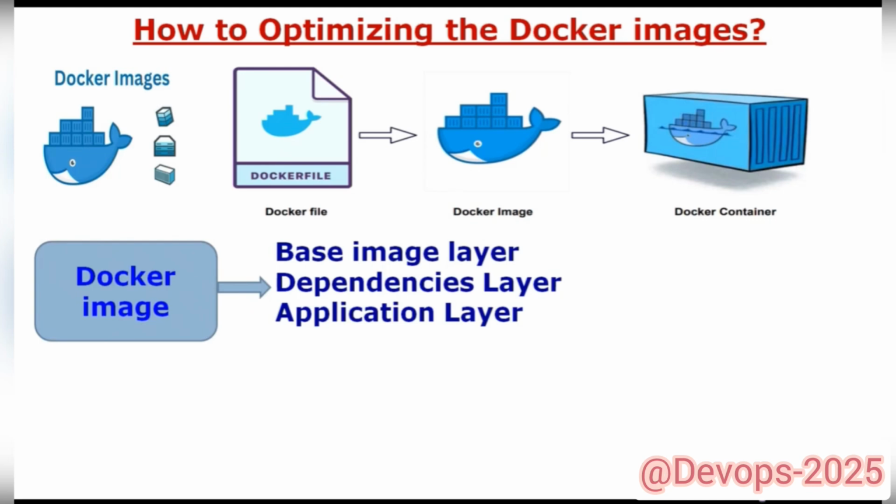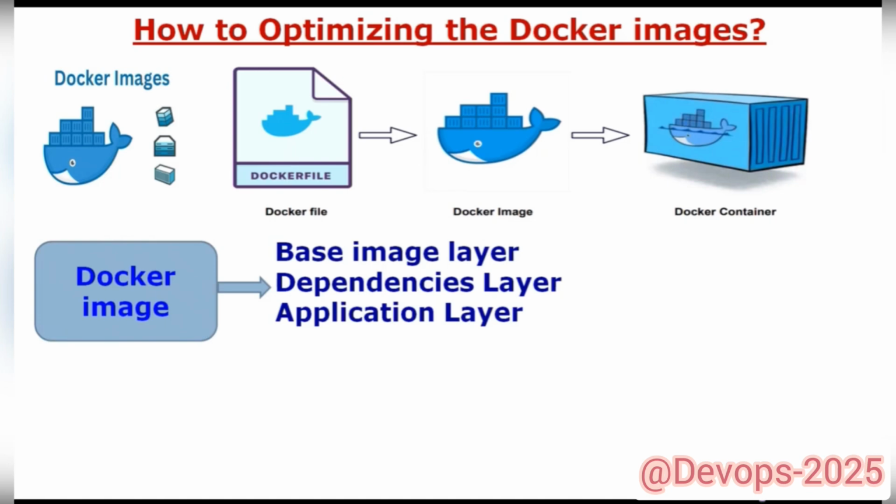And then you put your application on another layer, whether it could be a jar or war or Node-based application, C++, Python application, Go application, whatever application you are building, that application you need to put into another layer.